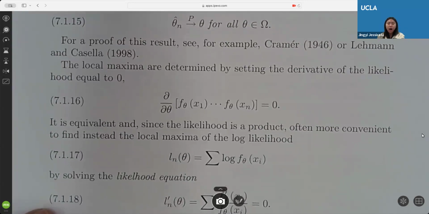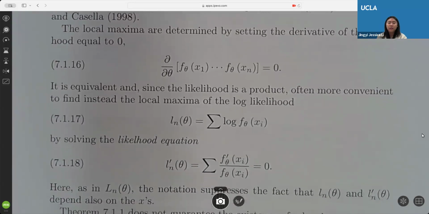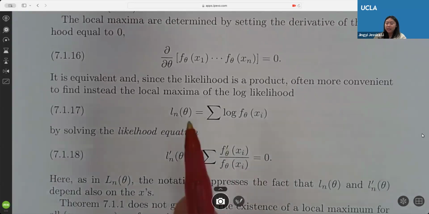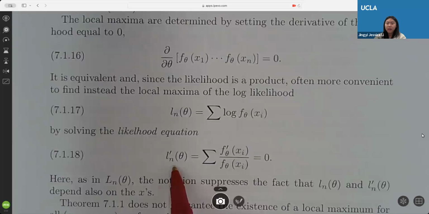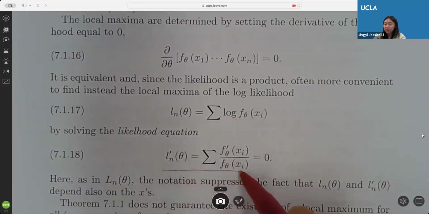Since the likelihood is a product, it is often more convenient to find the local maximum of the log likelihood instead, because we can change the product to a sum of log densities. Then we take the derivative of the log likelihood with respect to theta and set it to 0.